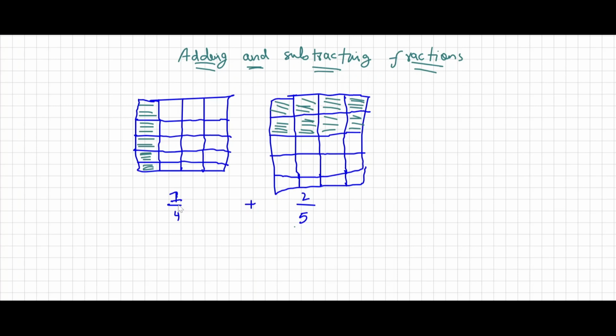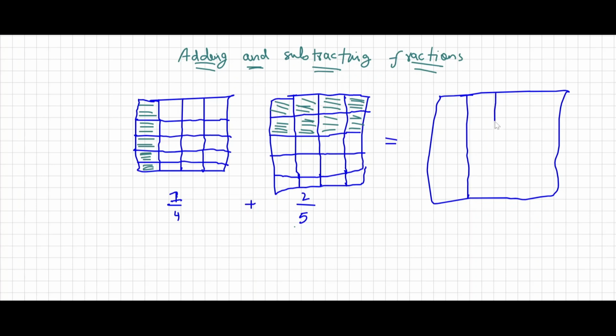So when we add these, it's like this. A big square like this: one, two, three, and four.